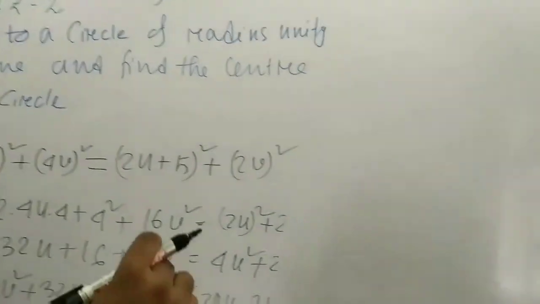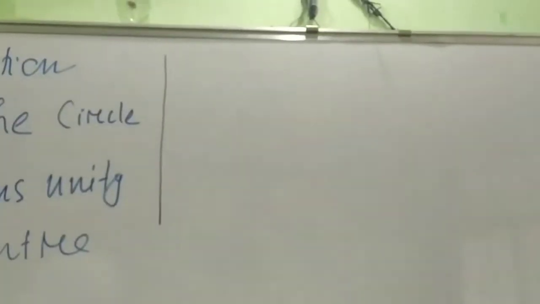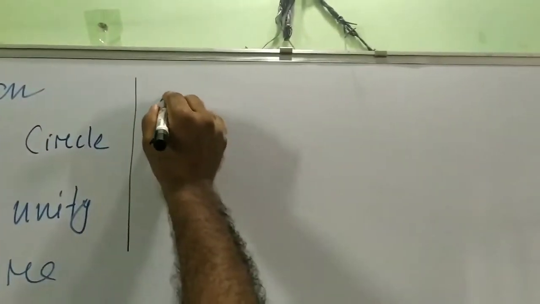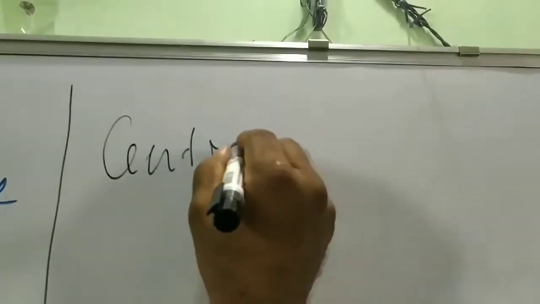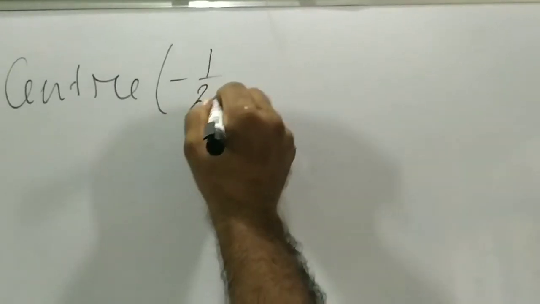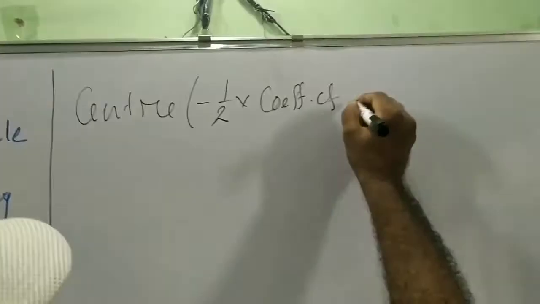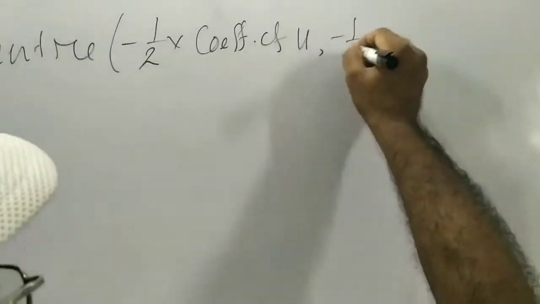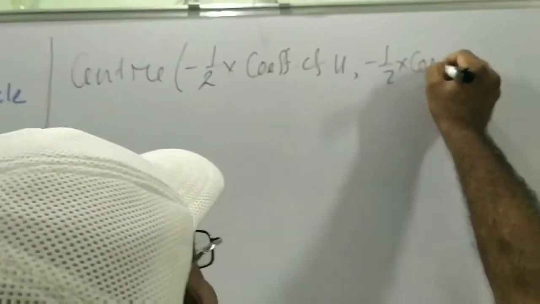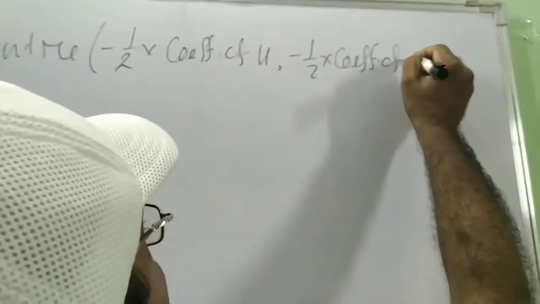First we find the center. For the center we know a shortcut formula: minus half coefficient of u, minus half coefficient of v.